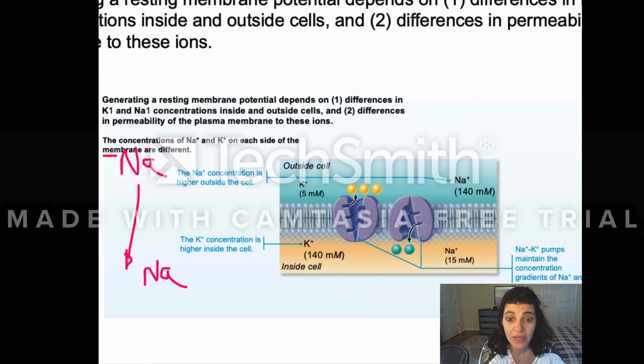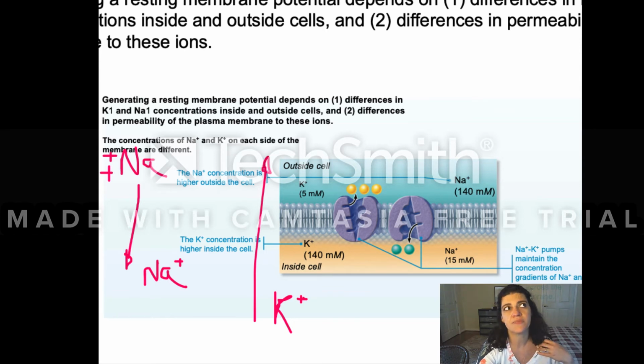A lot more, okay? So sodium goes from where it's more concentrated to where it's less concentrated, right? Potassium, the other way. There is a lot more potassium in the cell than out of the cell. So potassium has a tendency to leak out through these channels that, in this case, don't need a stimulus.